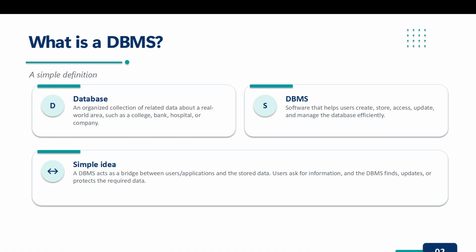The DBMS helps us retrieve that information quickly and efficiently. So, the main idea is a database stores the data, and the DBMS, that is Database Management System, helps us to manage and access that data, and DBMS acts like a bridge between the user and the database.